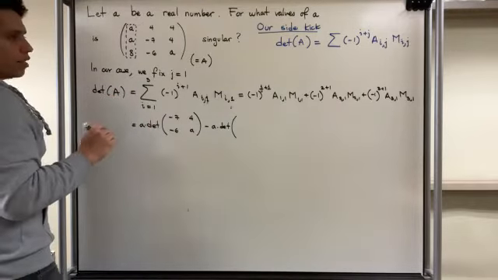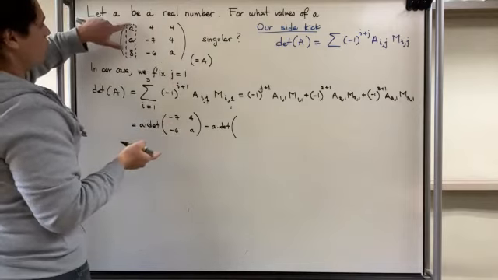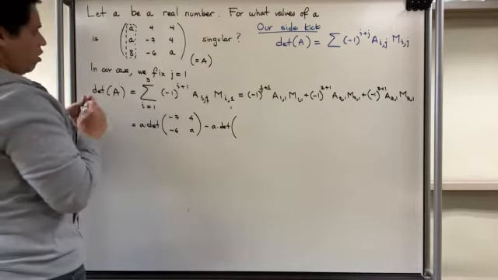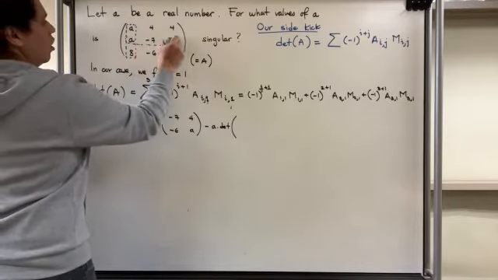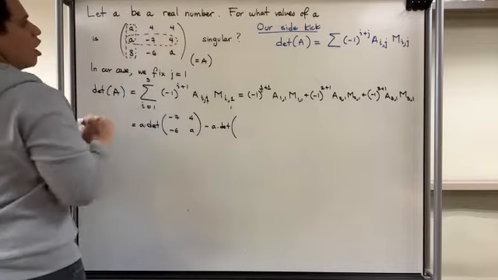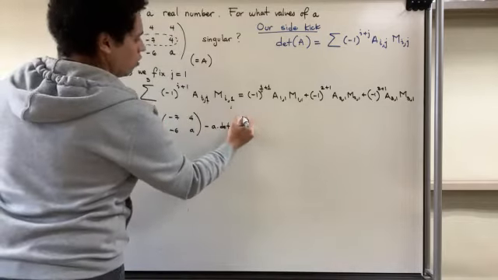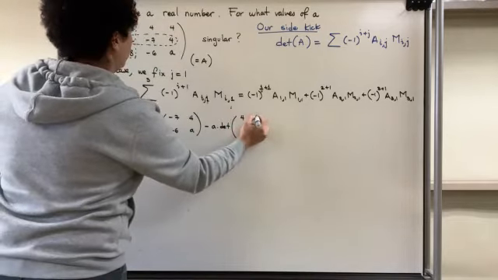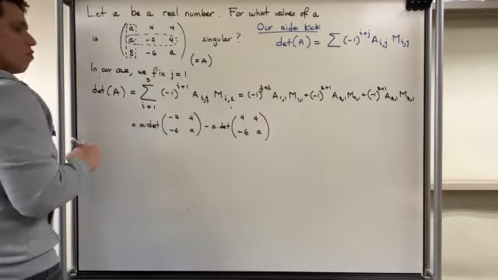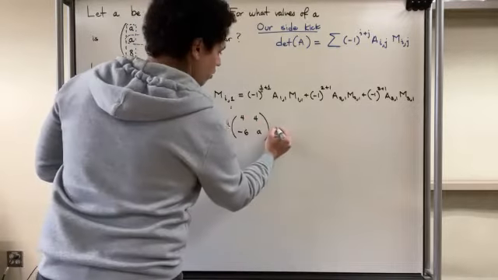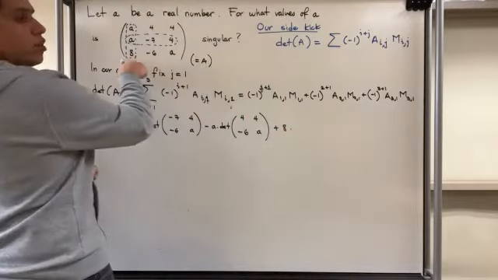So what will be that? Well, I'll look into here and let's see what I need to remove. So I remove this row and this column. So I'll get the following: 4, 4, -6, 8.